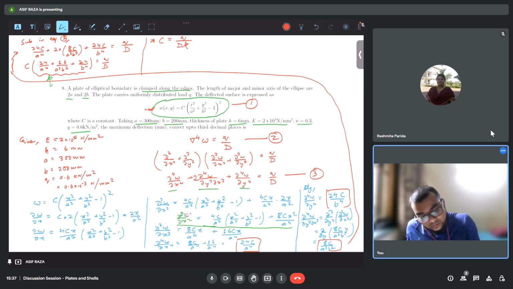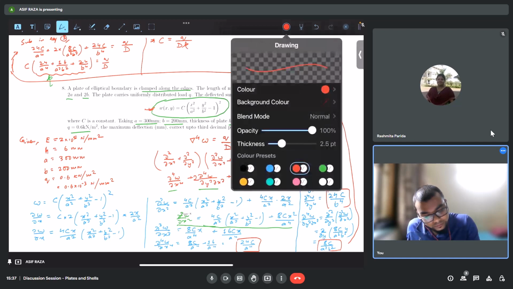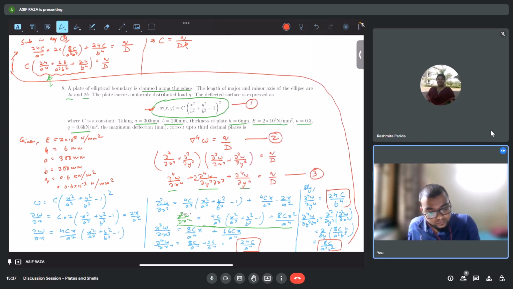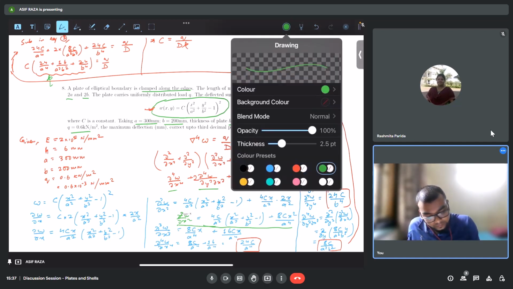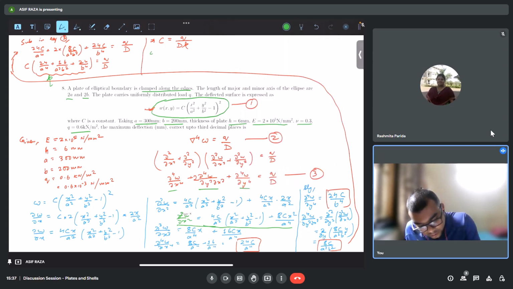So maximum deflection W max would be what? It will be maximum at the center. So this gives me the value of c, which is q upon Dk.